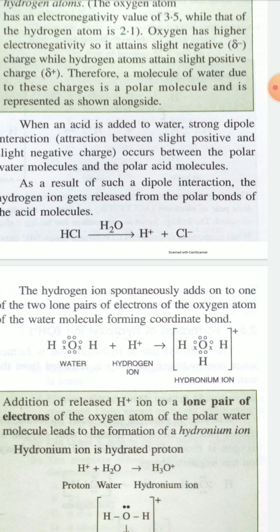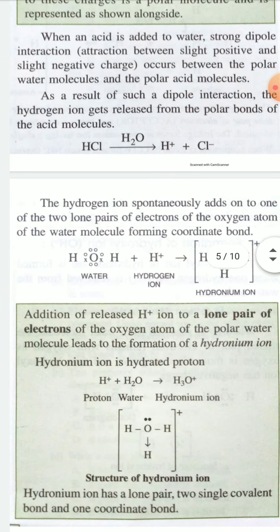The ion formed is known as the hydronium ion. The formula is H3O plus ion. In the hydronium ion, you can see there are two single covalent bonds and one coordinate bond, and the coordinate bond is represented by an arrow.